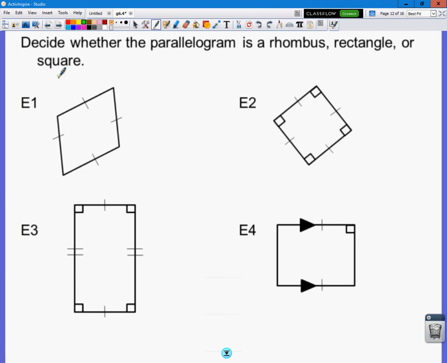Okay. So, some of your problems are going to be just as simple as identifying. Are we determining whether it's a parallelogram, a rhombus, a rectangle, or a square? So, example 1, what is it? Take a look. What did they mark? They marked 4 congruent sides, so it is a rhombus because it has 4 congruent sides.